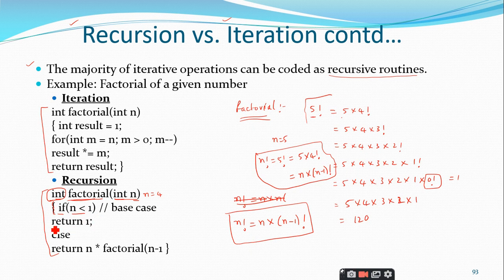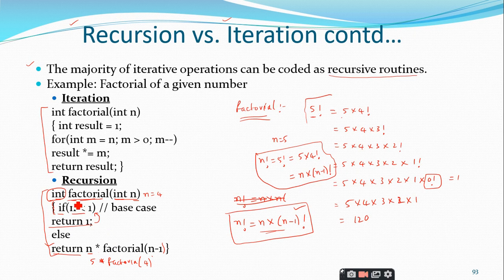Therefore, it will not execute this statement. Why? Because the statement return 1 is related to this condition. 4 less than 1 is false, therefore it will execute the else part. Therefore, it is going to return n multiplied with factorial of n minus 1, the same logic we have taken. So it is going to return 4 multiplied with factorial of 3.